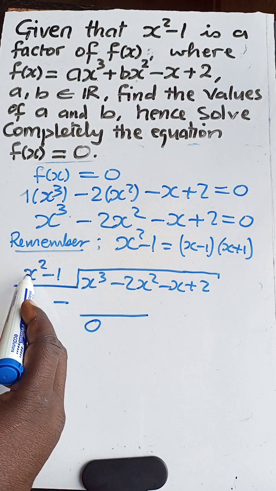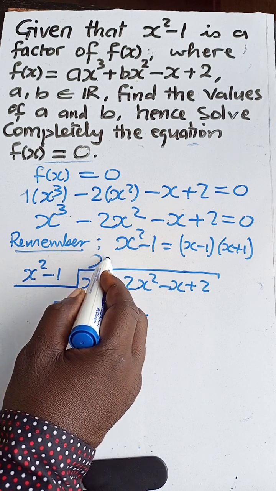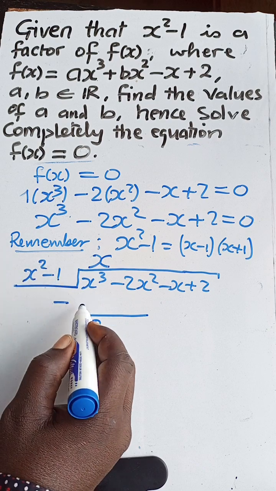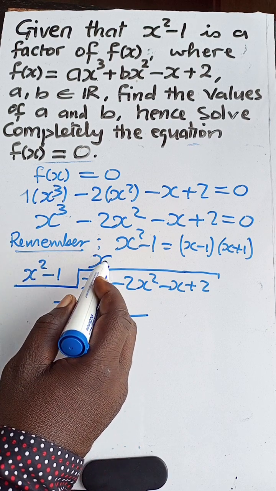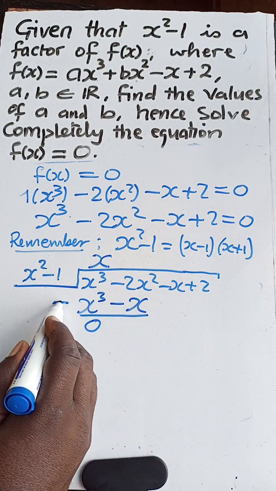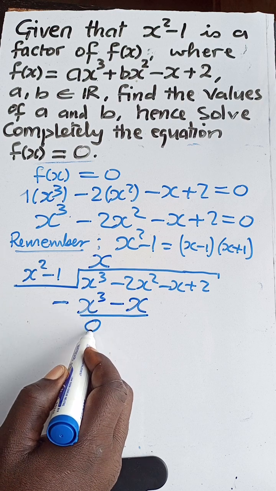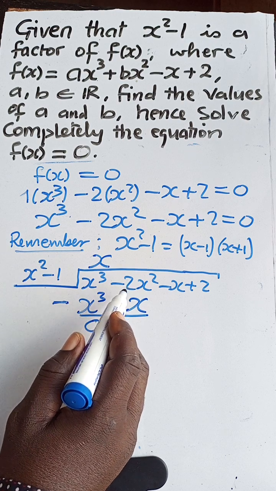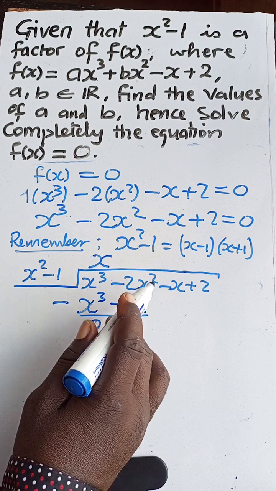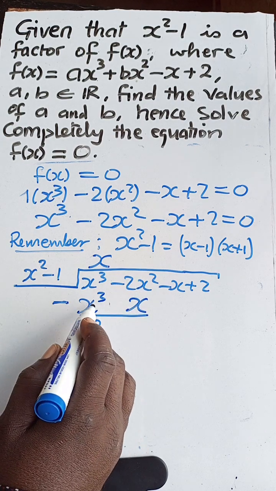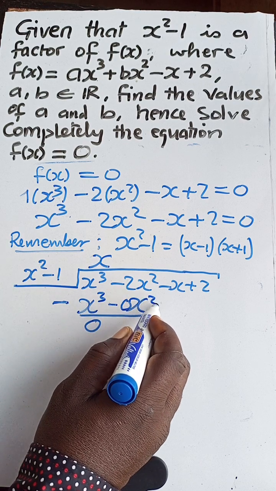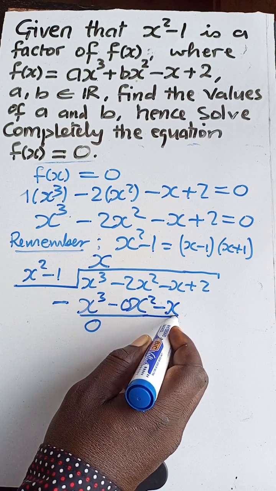If you look at it carefully, this is already x squared. So it will make sense if we multiply by x. If we write here x, so that x multiplied to x squared will give us x cubed. X multiplied to -1 will give us negative x. All right. So that when we do this subtraction, x cubed minus x cubed is 0. -2x squared. There is no x squared here. So what do we do? Since we have x cubed minus x, we can just write this as minus 0x squared minus x. All right?